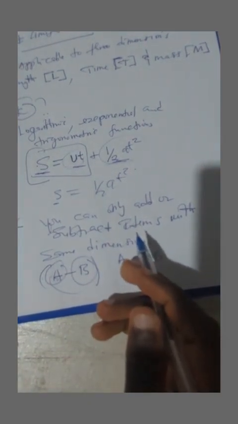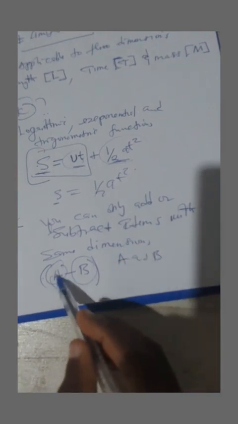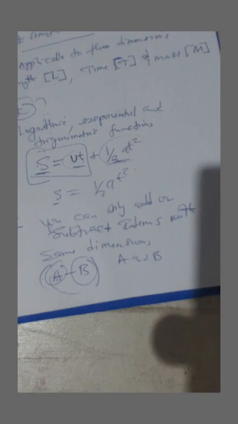The dimension of a is the dimension of b. That's what is under this rule: we can only add or subtract items with the same dimension.